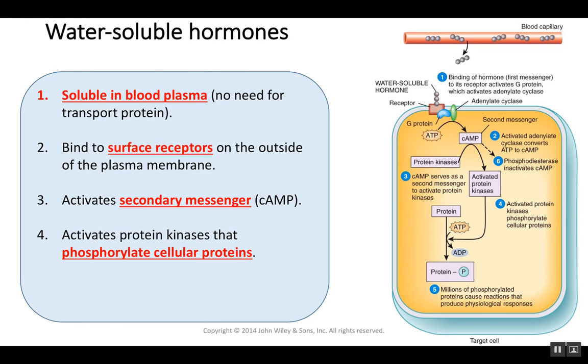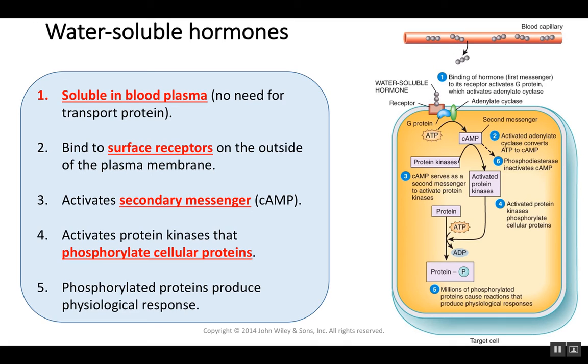That protein often is an enzyme that might be sitting inside of the cell inactive. So here we see an unphosphorylated protein that was produced by the cell, but it's not functioning. It's not turned on, if you will. These events lead to adding a phosphate group to that protein, shown here as the letter P. And now that that protein is phosphorylated, it is turned on, and those phosphorylated proteins end up producing the response.